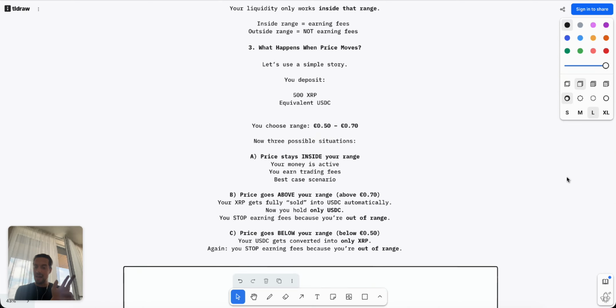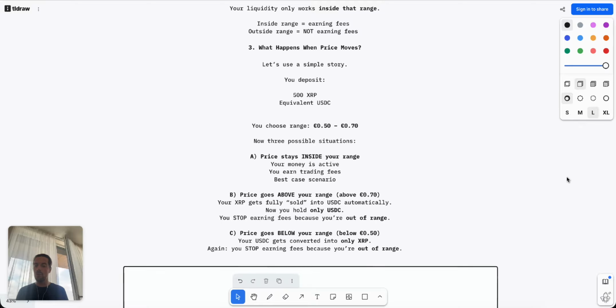So your money is active, you are earning the trading fees, you are getting the yield, the income, and it's the best case scenario. You are making money. Now, B, if the price goes above your range, above 70 cents, your XRP is now fully sold into USDC automatically.